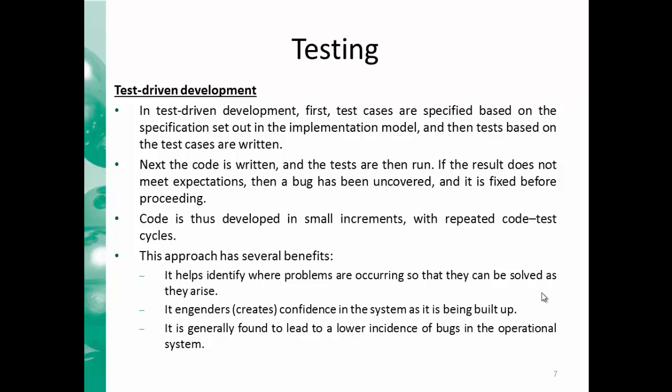So each time we build a piece of code, we cross-check it against our test cases to be sure that it doesn't include any bugs. Then the same thing will be repeated. Code test cycles will continue until we complete our coding and testing phase.